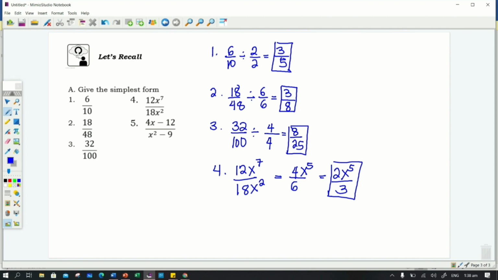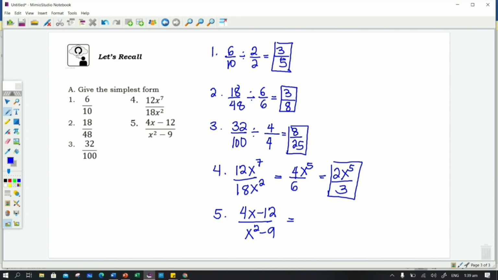And for our last example, we have number 5, that is 4x minus 12 all over x squared minus 9. In order for us to simplify this in lowest form, we will apply factorization. If you're going to examine 4x minus 12, we can apply factoring the common monomial here.